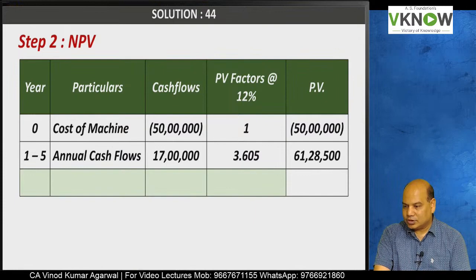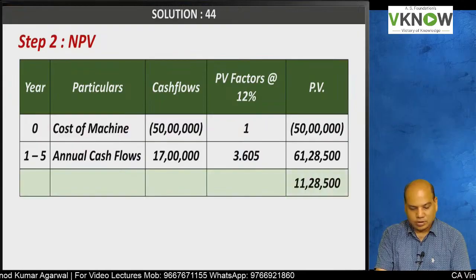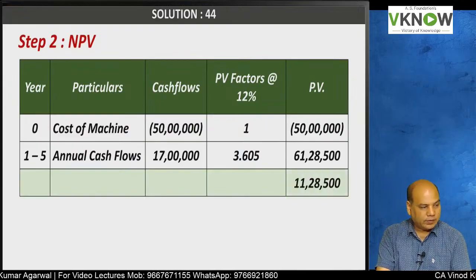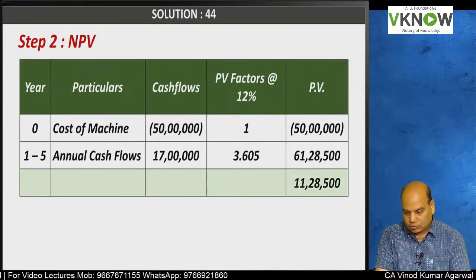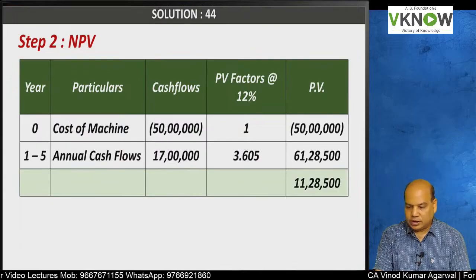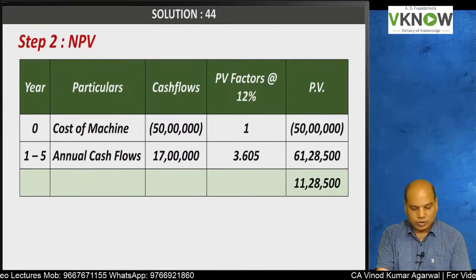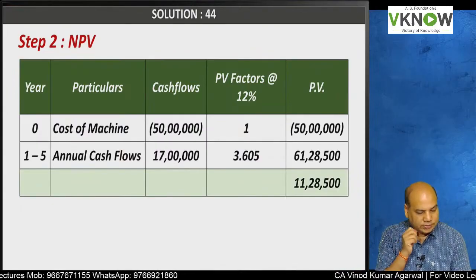Check. Is the NPV 11,28,500? Very good, Hari. 11,28,500. Wonderful. 11,28,500 is right. So this is my original answer.